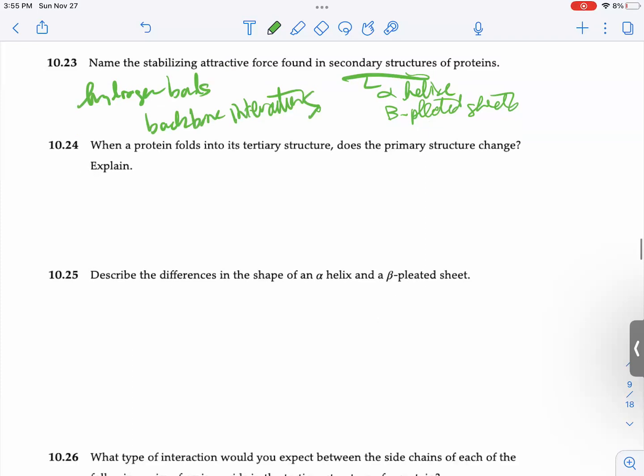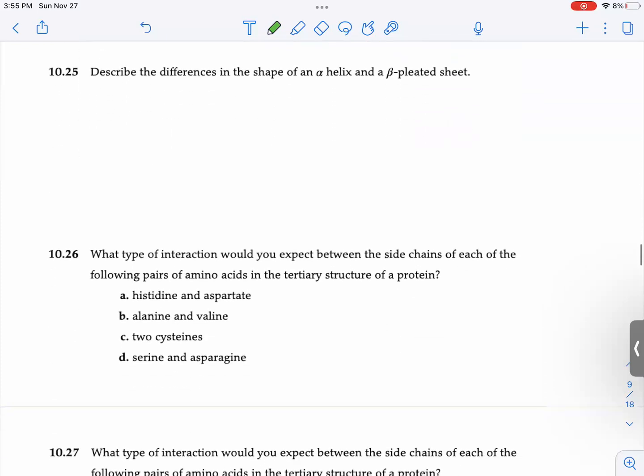All right, let's do 10.25. Describe the differences in the shape of alpha helix and beta pleated sheet. So we've got an alpha helix. We've got something that is coiled.